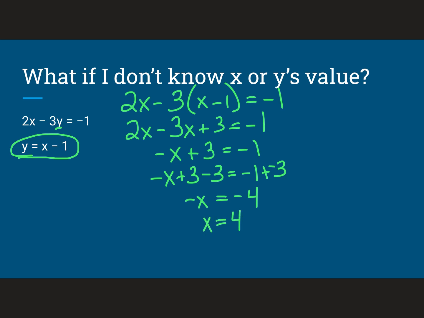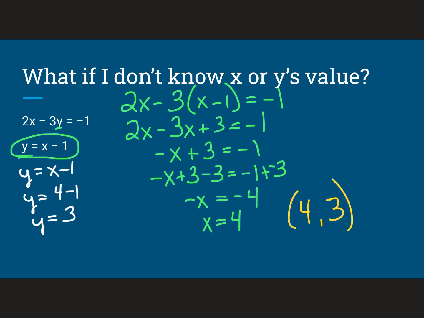Okay? And then I still need to find out what my value of y is, so I know y equals x minus 1. We said x is 4, so y equals 4 minus 1. 4 minus 1 is just 3. So my solution here is x first, 4, y, 3.